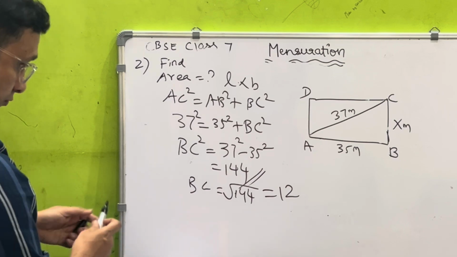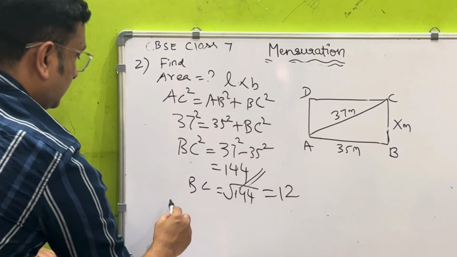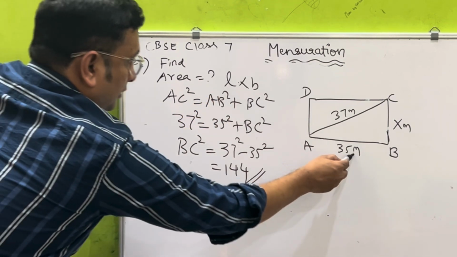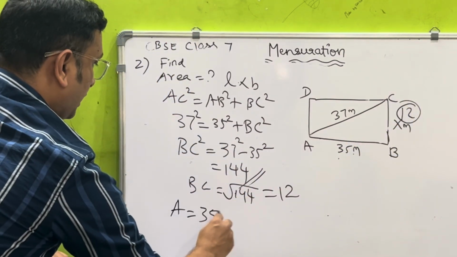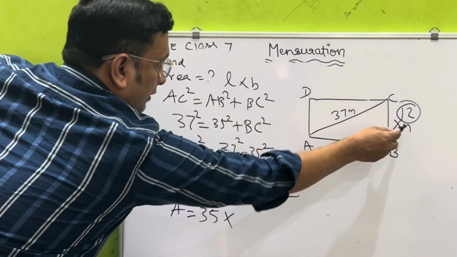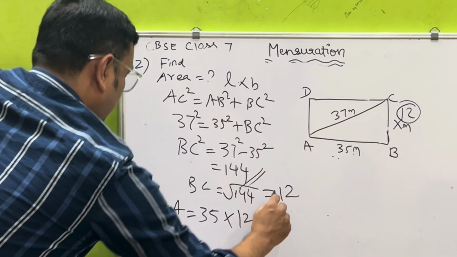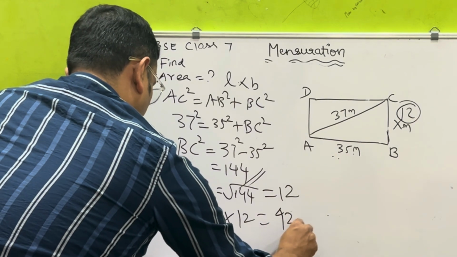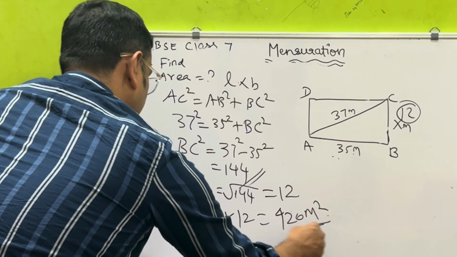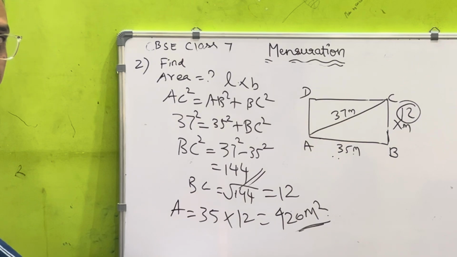Now apply this: area equals length into breadth, 35 into 12, that comes to 420 meter square. It's pretty simple.